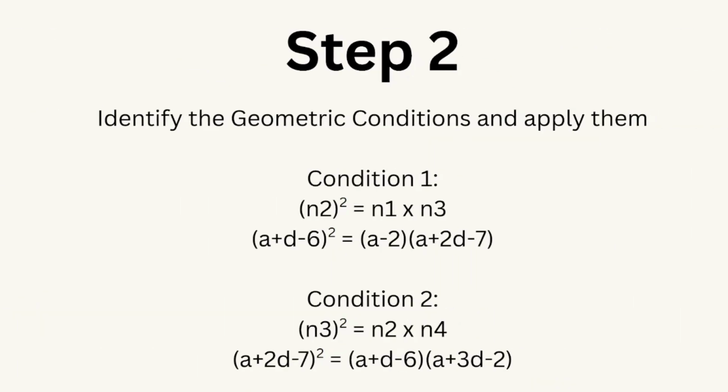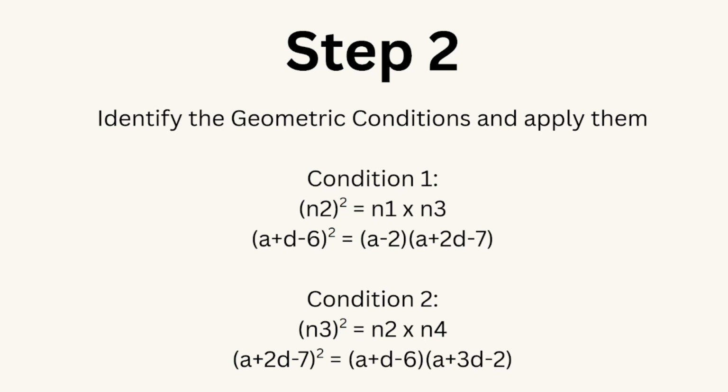Step 2 is identifying the geometric conditions and applying them. The conditions, as I said before, are: condition 1, n2 squared is the same as n1 multiplied by n3, and condition 2, n3 squared is the same as n2 multiplied by n4.